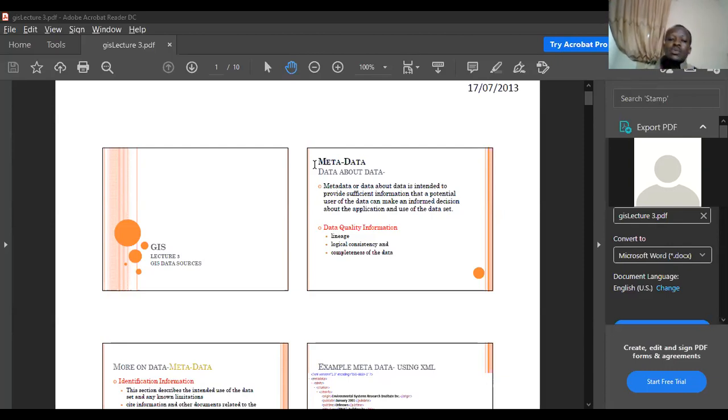Metadata, or data about data, is intended to provide sufficient information that a potential user of the data can make an informed decision about the application and use of the data set. So you get to know the kind of data you are holding so that you can decide what to use it for.